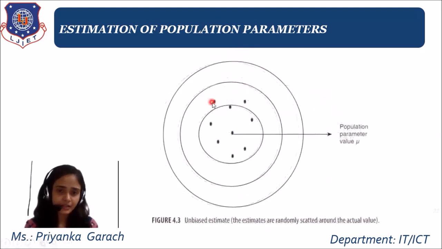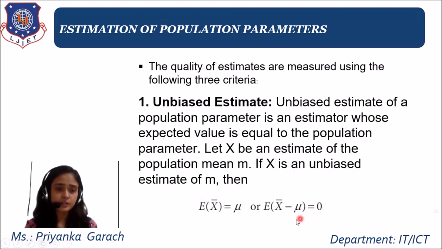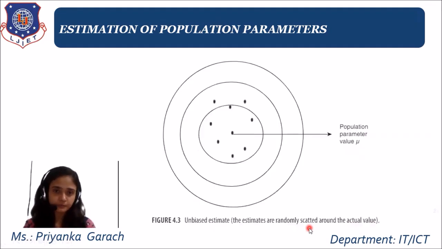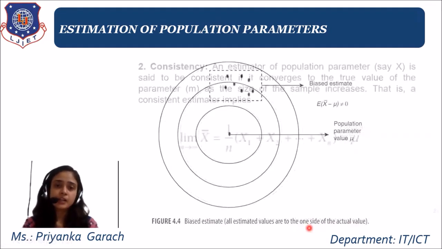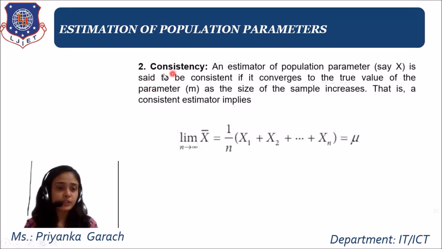For the unbiased estimate, as all the estimated values are around the actual value in a circular manner, E of x bar minus mu is equal to 0. Now let's see the next parameter for the quality of the estimation of the population parameter, which is consistency.